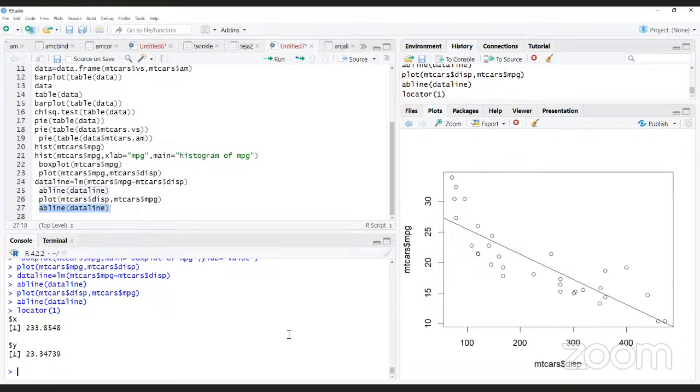So you can find out this particular case, which is very close to the best fit line. For the selection, you can consider this individual for your own purpose.